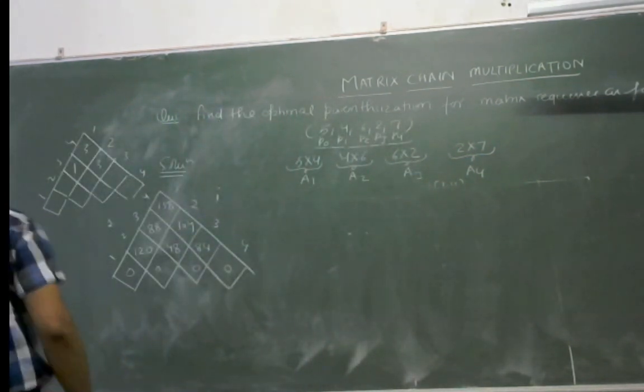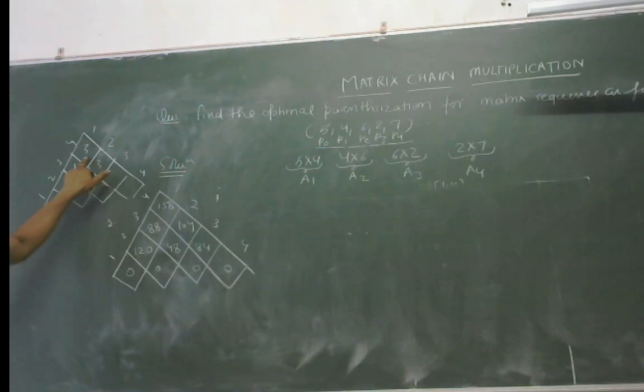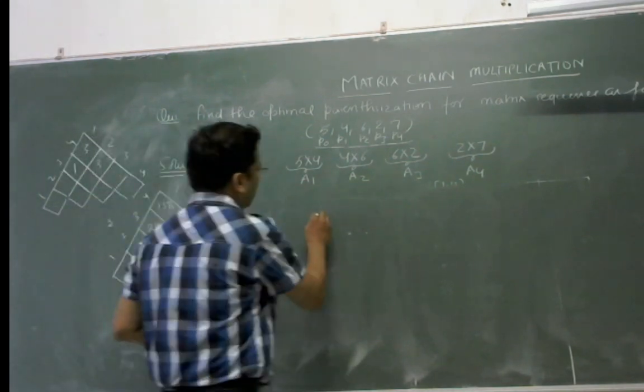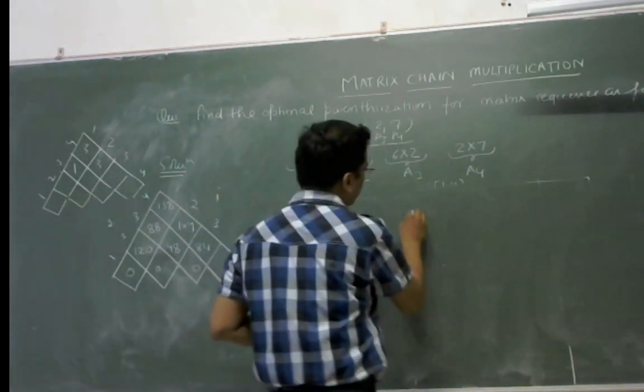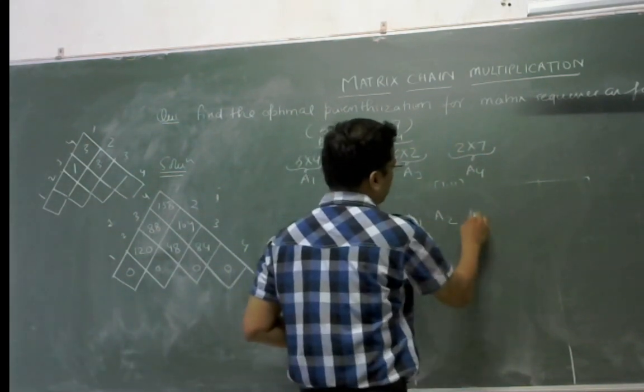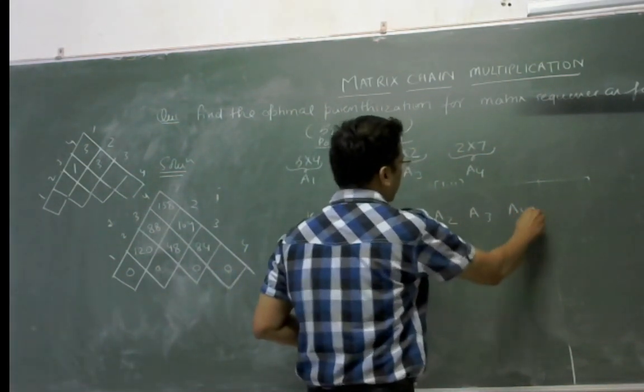After that we shall check this matrix, that we are getting the optimal figure when k is equal to 3. For k equal to 3, the partition would be like this: A1, A2, A3, A4.